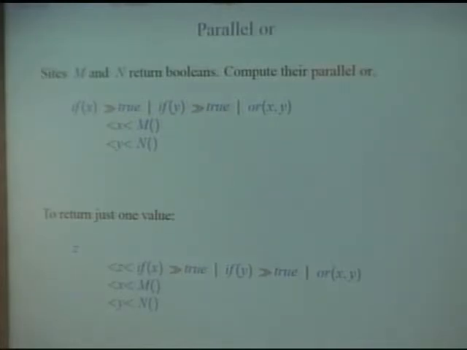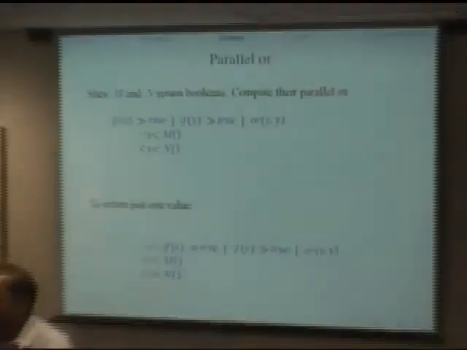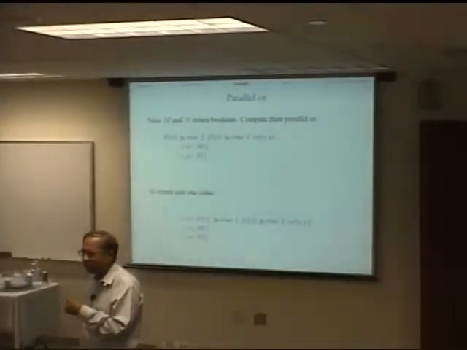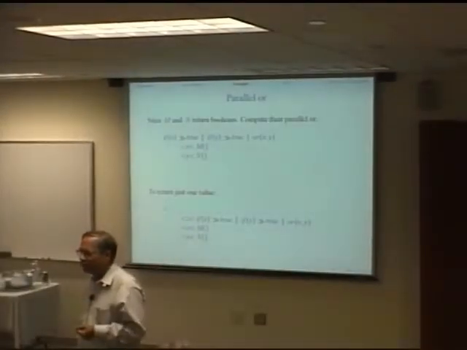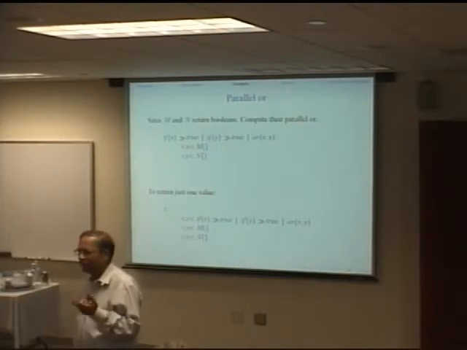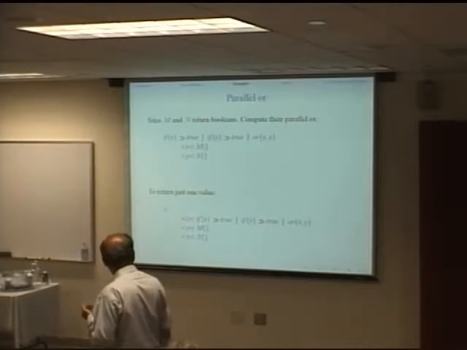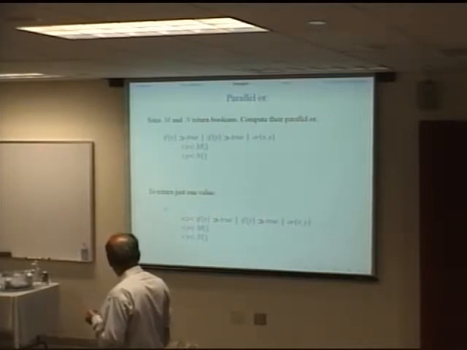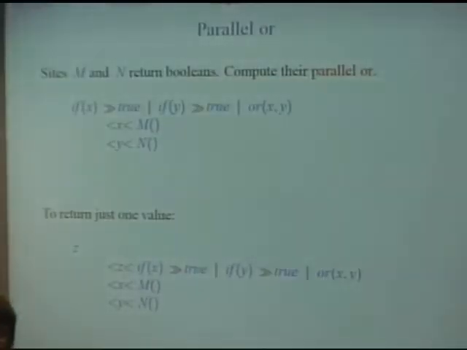So do you all see that we'll publish the first true as soon as it comes? You also see that you might publish a whole bunch of other things. Like if they're both true, what will happen? We'll publish three things, right? The first branch will publish, the second. We don't want that. We want just one value. How do we get one value? Yeah, we know how to cut out everything else by doing this, right? Call that Z and publish Z. That publishes one value.